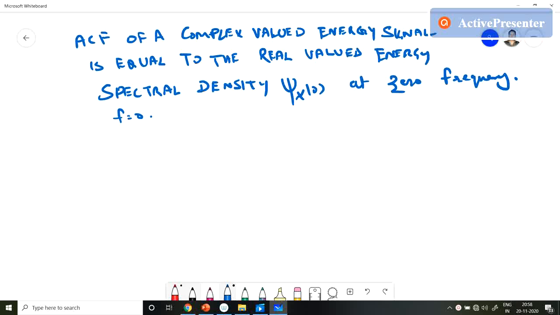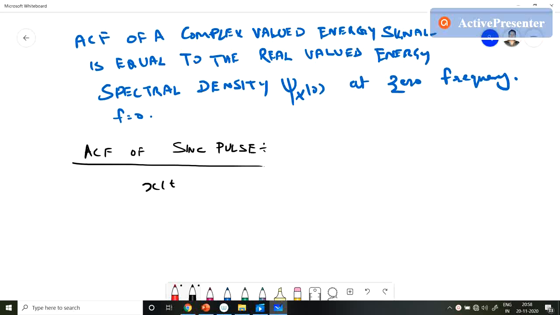Let us find out the autocorrelation function of a sinc pulse. So x(t) is equal to A sinc(2 omega t).